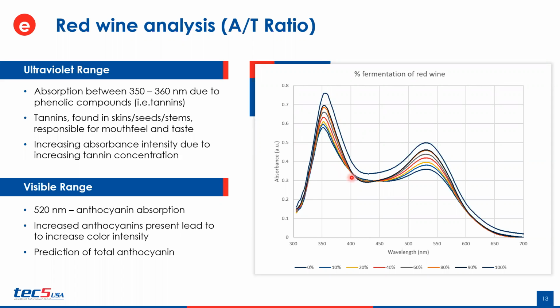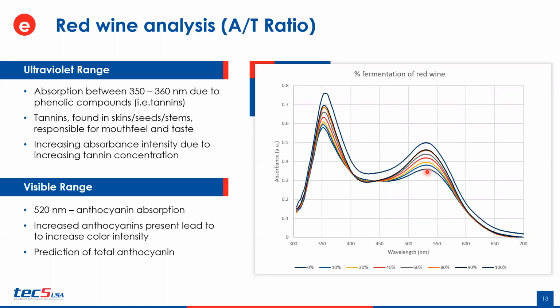Looking into the visible range, around 520 nanometers or so, you see the absorption due to anthocyanin. And these anthocyanins that are present ultimately lead to the increase in color intensity, which is why we're seeing a significant absorbance in the visible region in this case. So it's very similar to the last at 350.